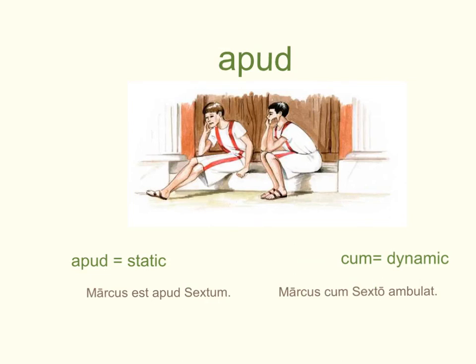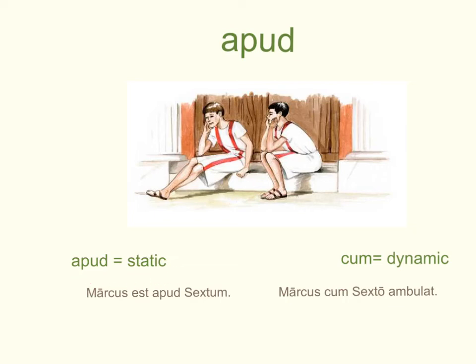We have another preposition that takes the accusative in this chapter. The preposition is apud. And here we would say, Marcus est apud sextum. And what we mean by that is that Marcus is together with Sextus. And apud, you'll notice, is a static form of with.